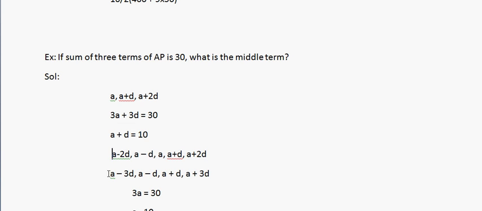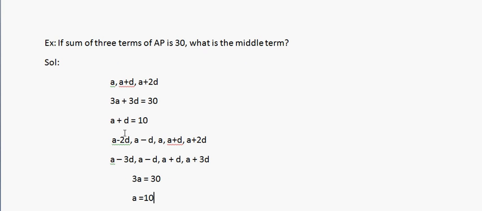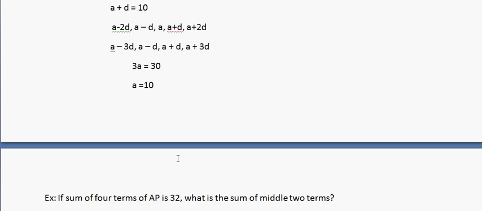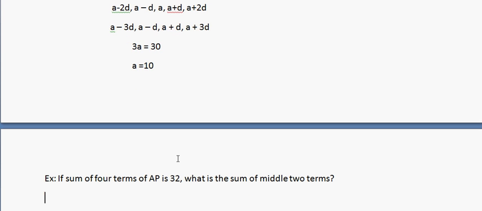Why are we doing this? So that our d gets cancelled and we directly get the value of a. This is how you assume things so that calculations are easy. Otherwise also you would find the answer, but the main motive in a competitive exam is to make calculations as simple as possible.